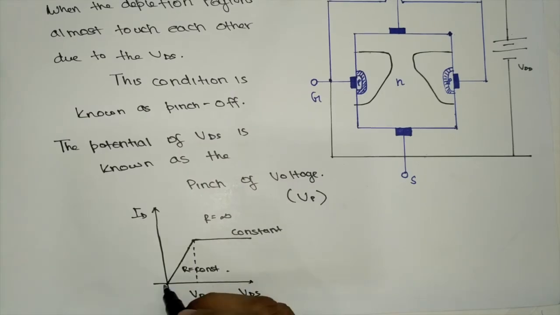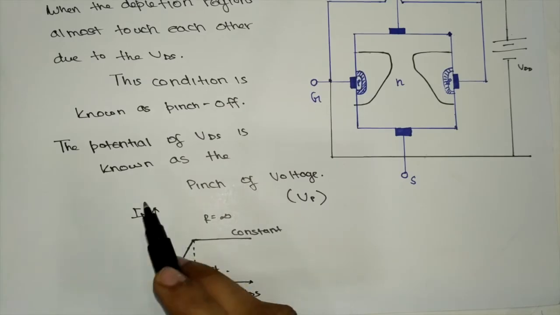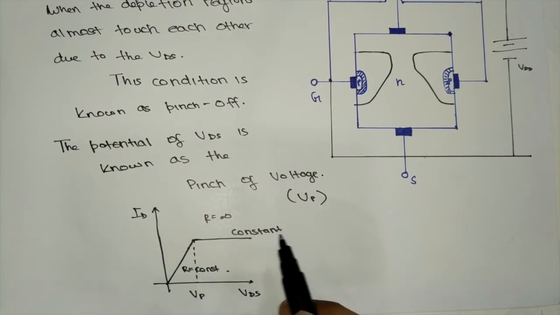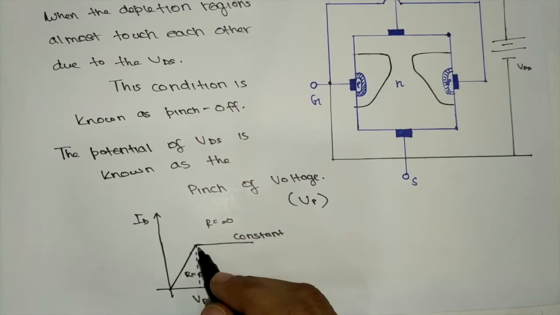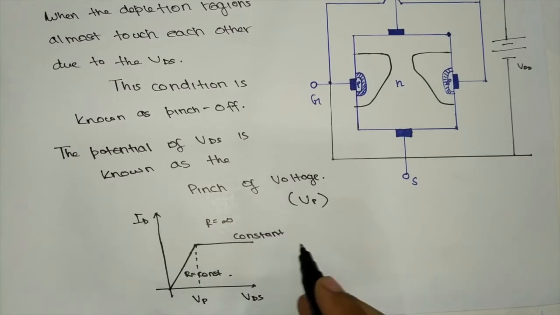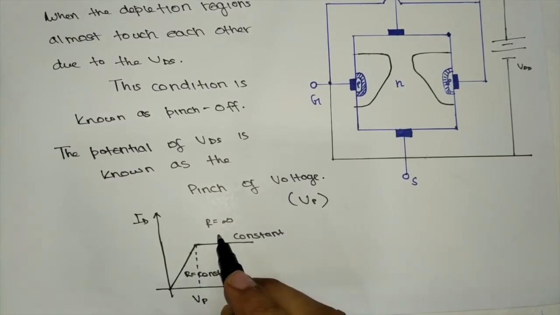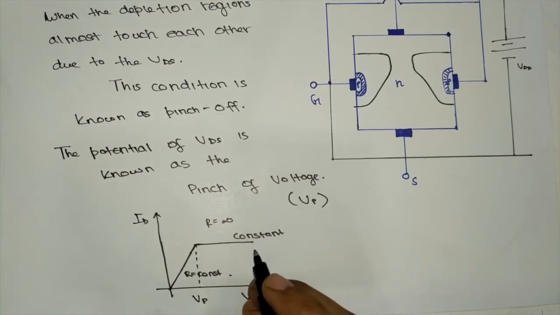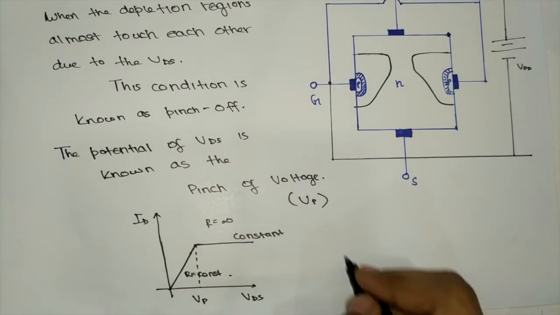Initially, as the VDS was being increased, the value of ID was increasing at a constant rate since the resistance was constant. But as soon as the pinch off condition is reached, that is VDS becomes equal to VP, the drain current becomes constant and the resistance becomes infinity.